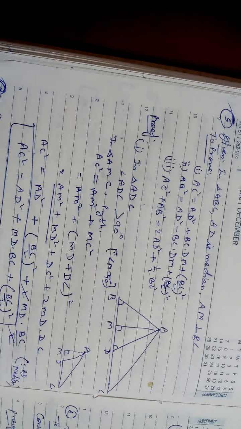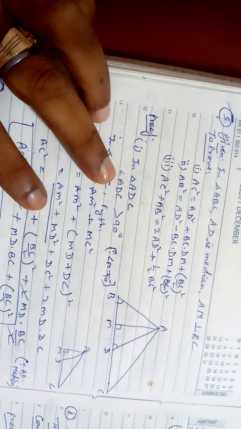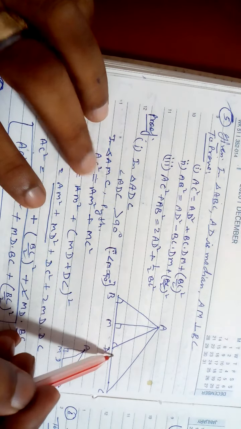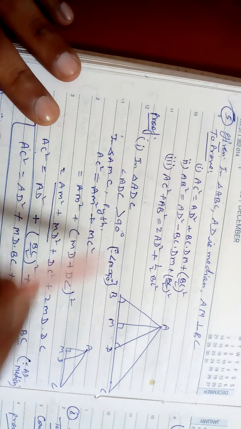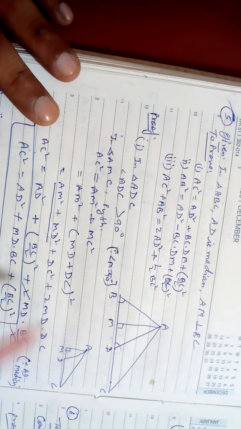First one, in triangle ADC, you take the obtuse angle. It is an obtuse angle theorem like question number 3. So I will take triangle AMC and apply Pythagoras.